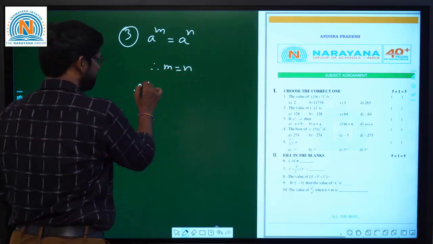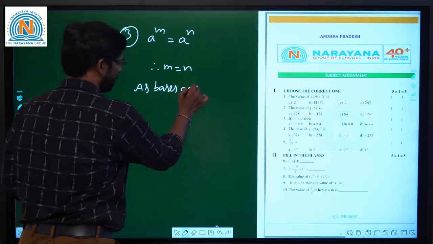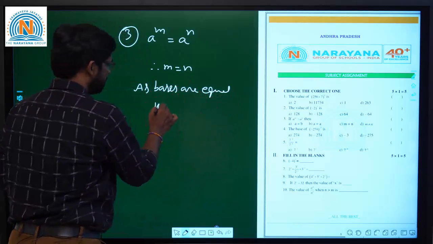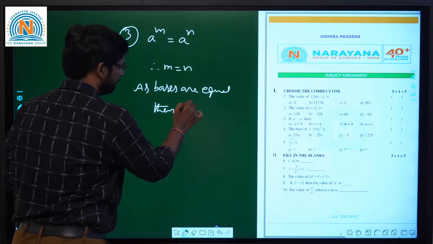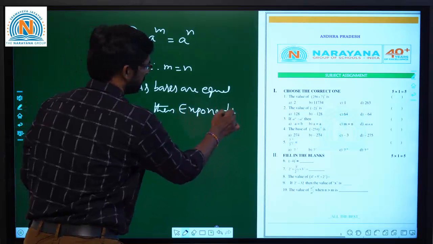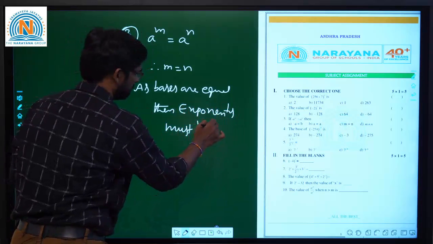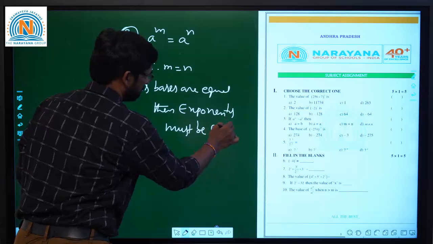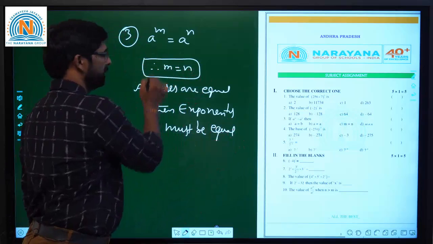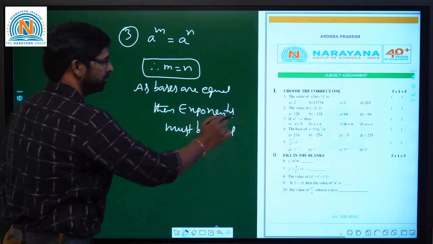Because as the bases are equal, then the exponents must be equal. So therefore m equals n. So which option? C option. C is correct.